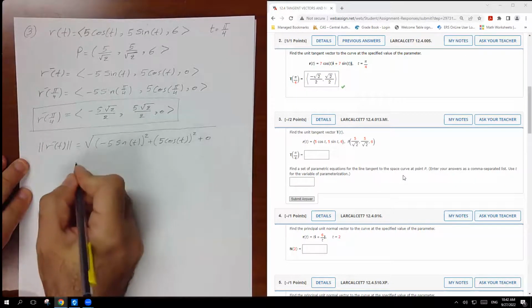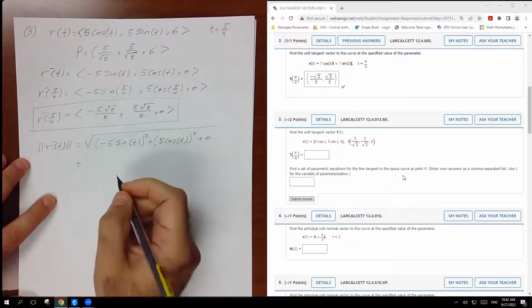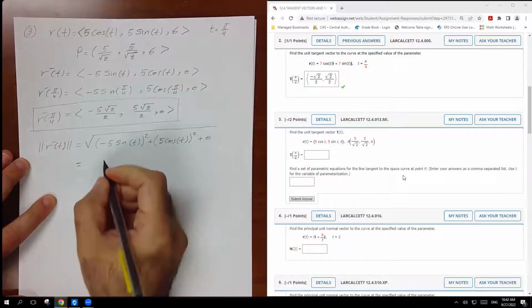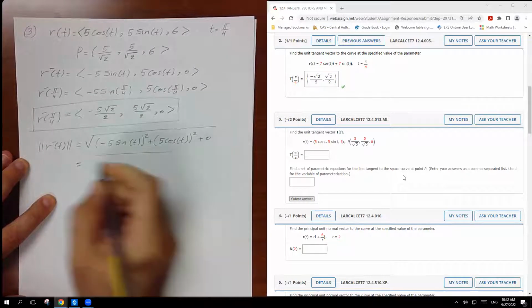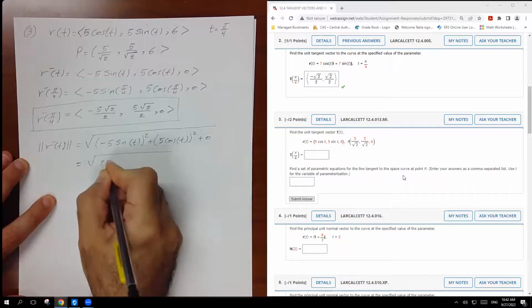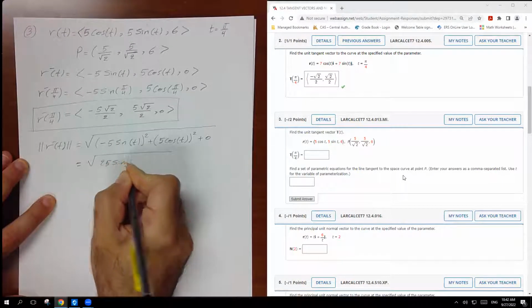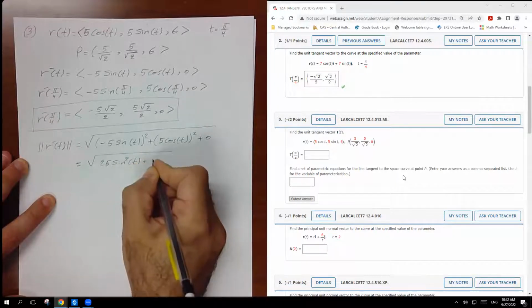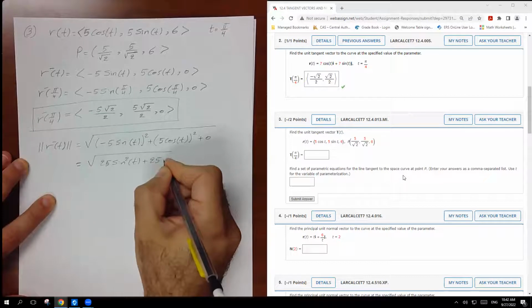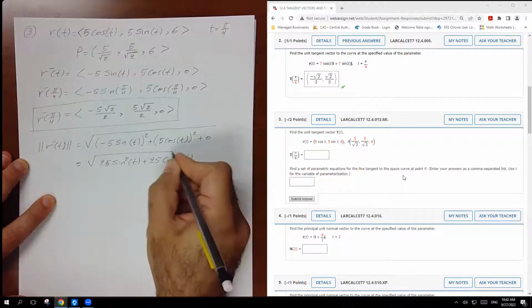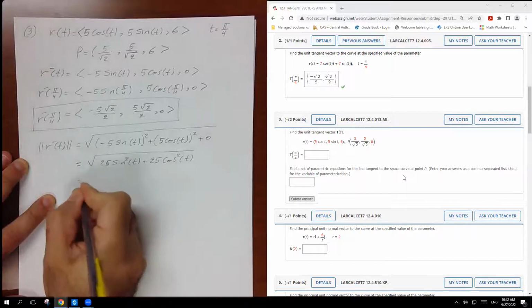Or if you want to simplify it, this is 25 sine squared t plus also 25 cosine squared t, and this is 0. Then simplify it more.